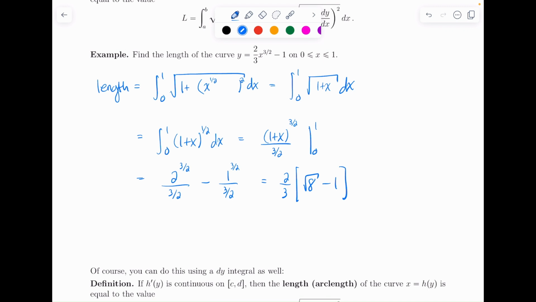Now, I would have mentioned this earlier in the Chapter 6 conversations, but remember, this is Chapter 6. When we discuss Chapter 8, using methods like integration by parts, trig sub, trigonometric substitution, partial fraction decomposition, all of that was Chapter 8.